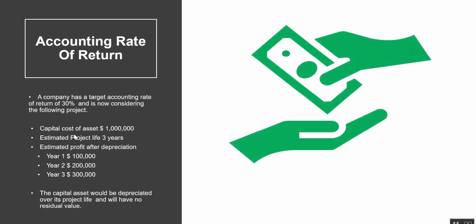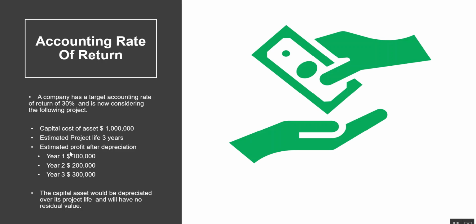A company has a target accounting rate of return of 30% and is now considering the following project. You are given the following information. The capital cost of the asset is $1 million. Estimated project life is 3 years.